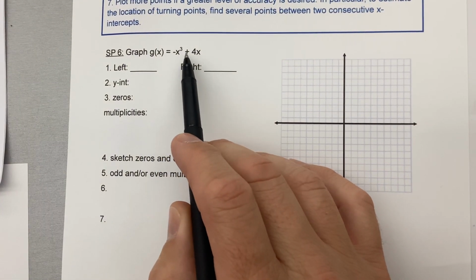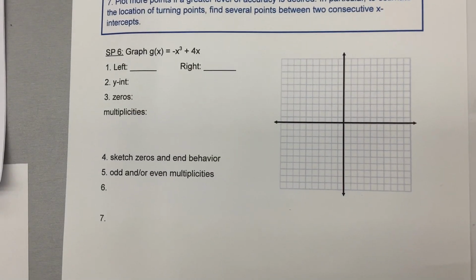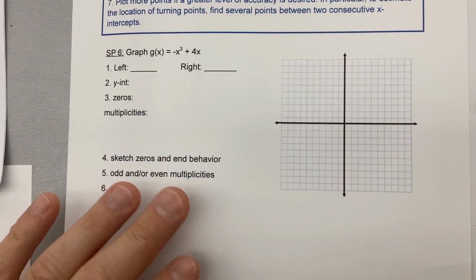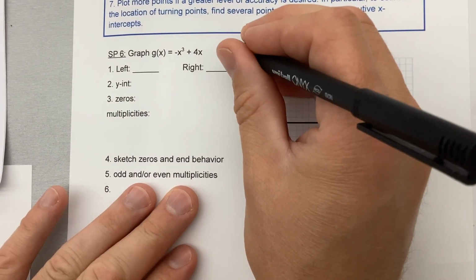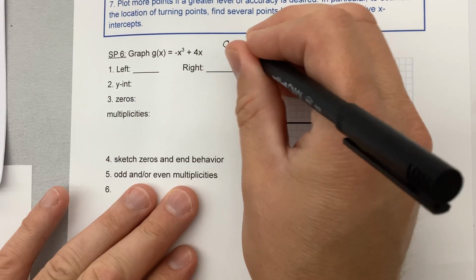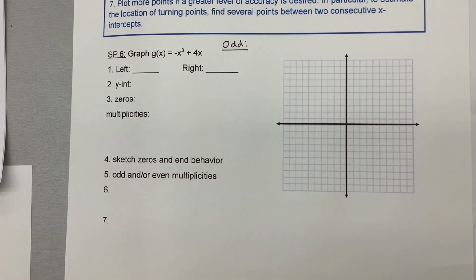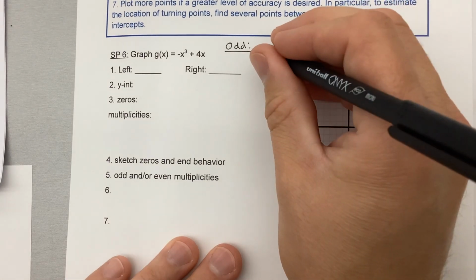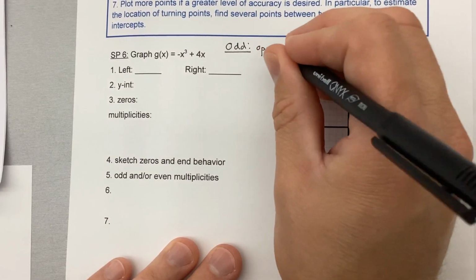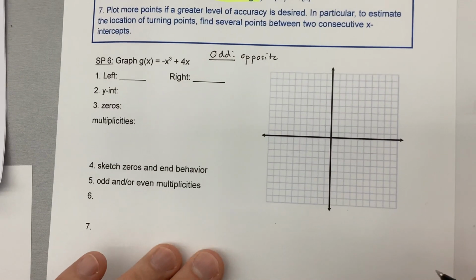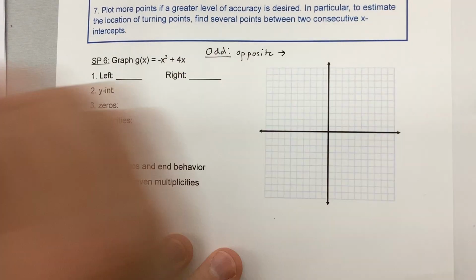Negative x cubed plus 4x. What's our degree, odd or even? Odd. Very good. Odd means same or opposite direction? Opposite. Very good. Which means we have one of two options.